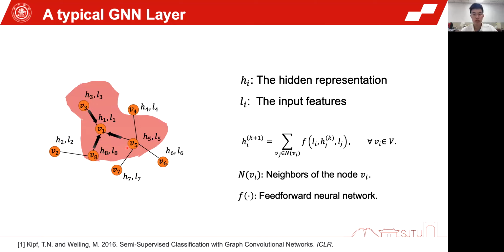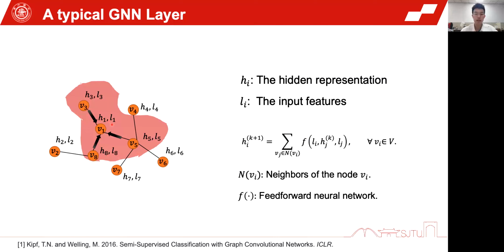By using this simple aggregation function, here we use a sum function and a simple neural network F, the representation and the node features of the neighborhood can be collected and transformed to update the node feature of V1.